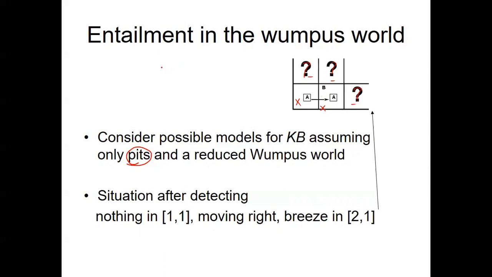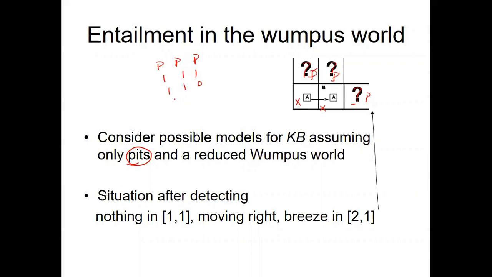One is all three cells may have a pit, here also, here also, and here also. Another is any two cells may have a pit. So I'll say one is 1 1 1, all three are pit.